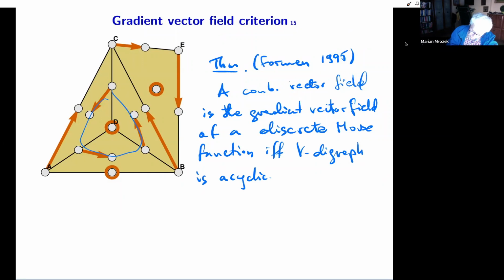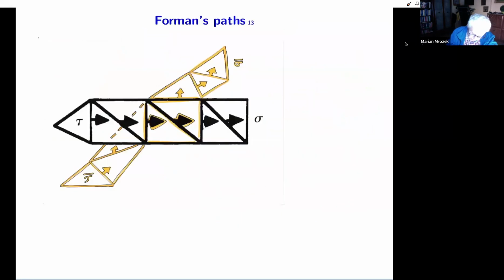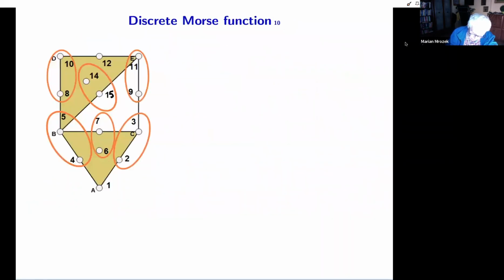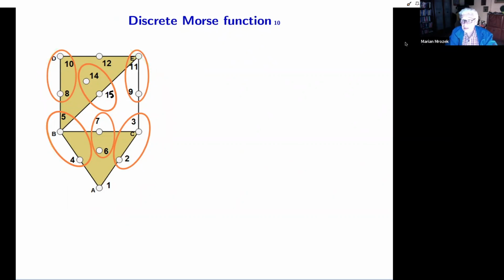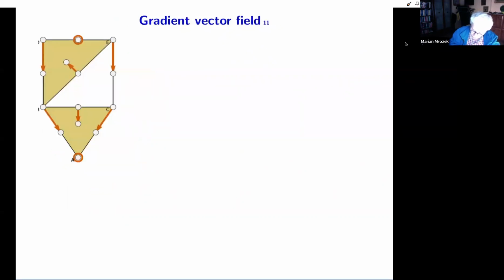Of course, I did not say precisely what this gradient vector field of a discrete Morse function is, but this is precisely this construction. Let me go back here. Once we have this discrete Morse function, we have this set of exceptions, and then Forman's theorem that this set of exceptions together with singletons which do not belong to exceptions form a combinatorial vector field. This is exactly the gradient vector field associated with the discrete Morse function.